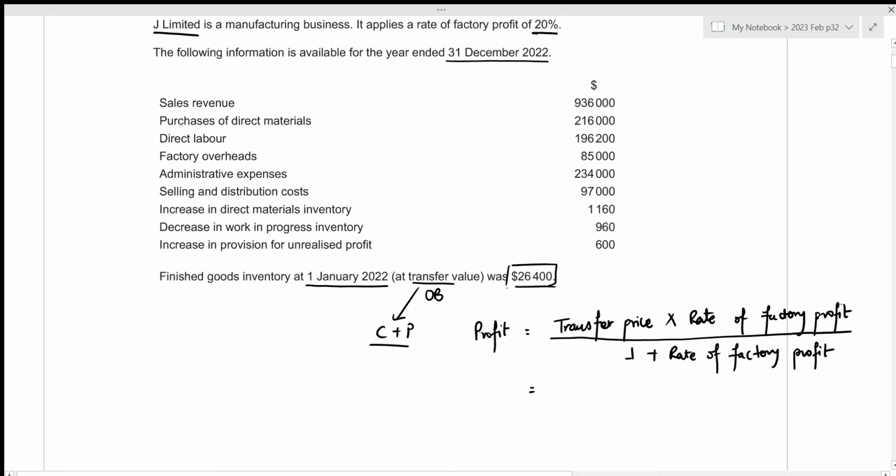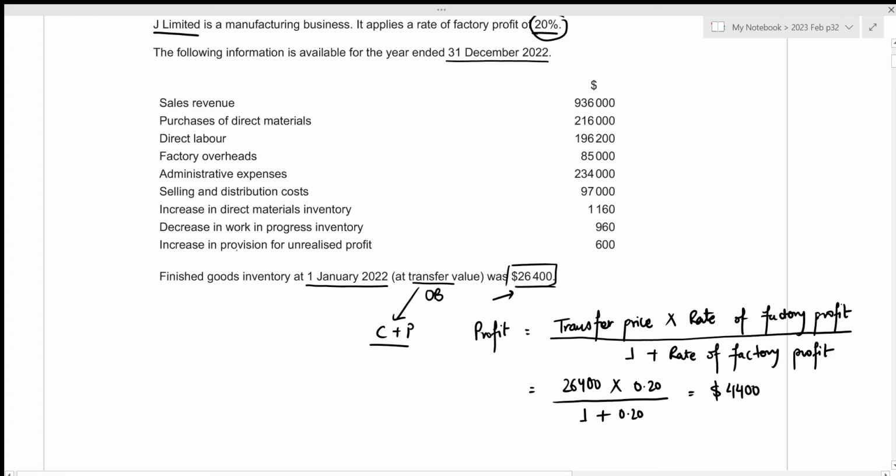In this case, we have the transfer price of 26,400. We are given the rate of factory profit to be 20%, so we can write it down as 0.20 divided by 1 plus the rate of factory profit, which is again 0.20. And this gives the unrealized profit for our opening balance of finished goods inventory to be 4,400.